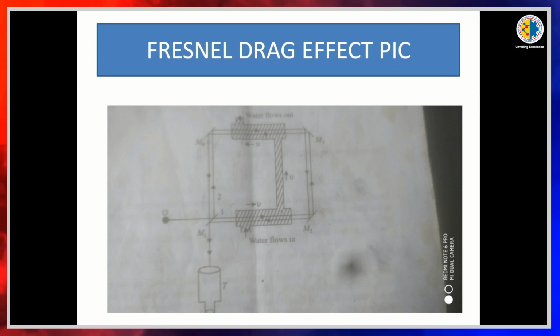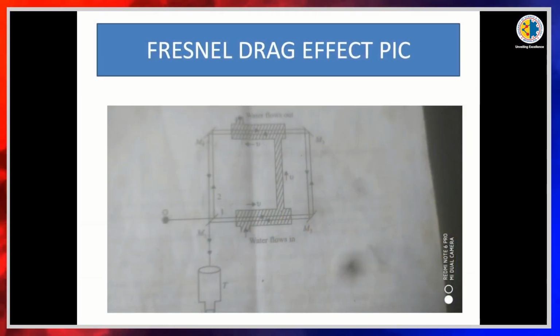This is the picture. O is the monochromatic light, and M1, M2, M3, M4 are the 4 mirrors. This is the glass tube, and water flows in, in the lower arrow direction, in the direction of V, and then water flows out at the top of the tube.